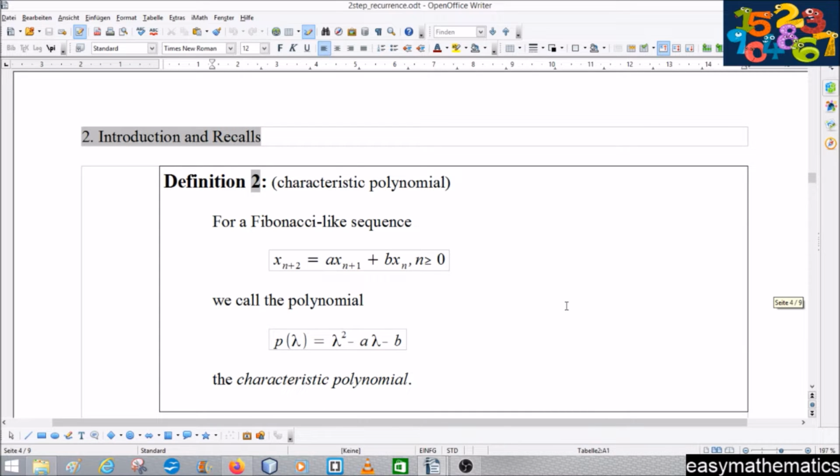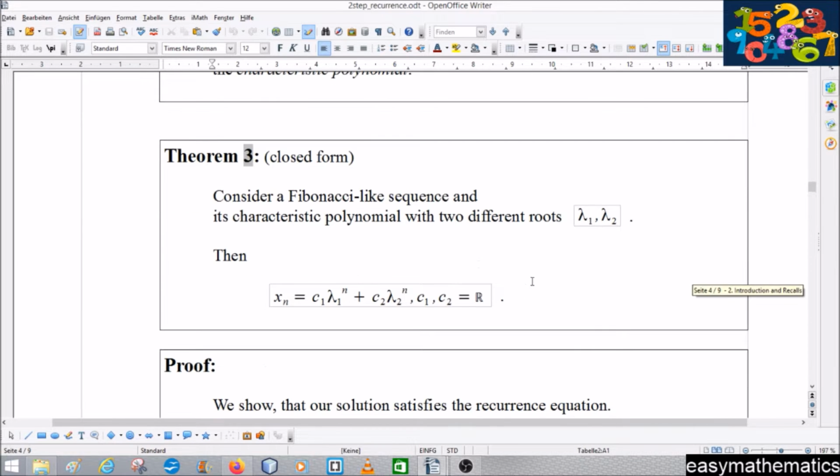And we need a second definition, the characteristic polynomial. For a Fibonacci-like sequence, we call the polynomial p of lambda equals lambda squared minus a lambda minus b, where a and b are the recursion weights of the sequence. The characteristic polynomial. Then we have a small theorem.